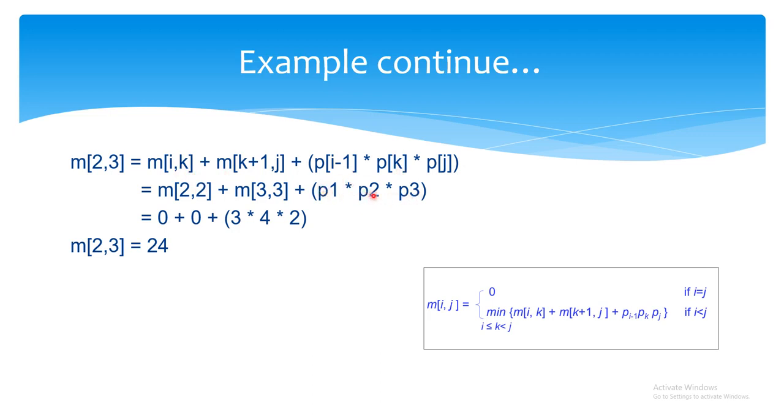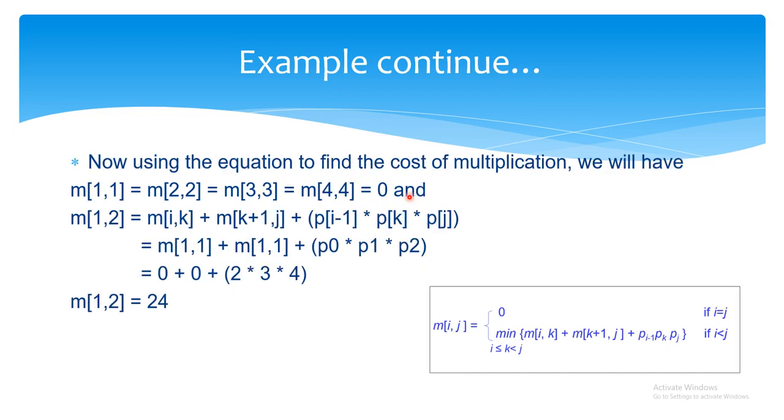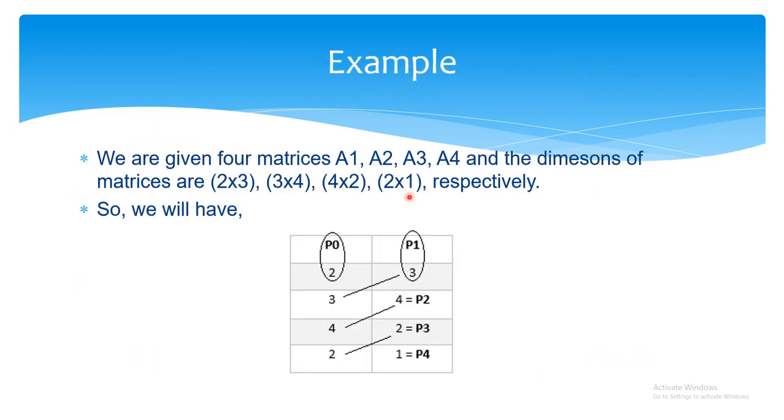Now this p1, p2, p3 value, from where do we have to see? Here we have already considered the values of p0, p1, p2, p3 and p4. Sometimes in the examination, instead of giving the dimensions, the direct values of p0, p1, p2, p3 and p4 are given.